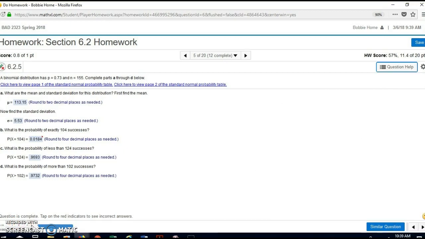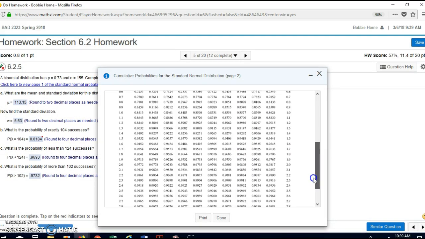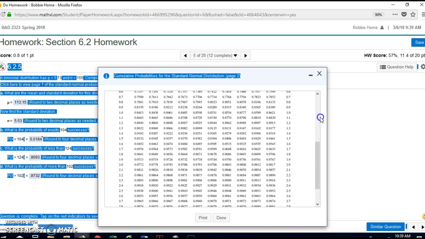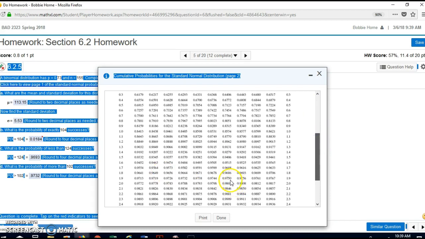So if you look that up on the table, 1.96, you get 0.9750.